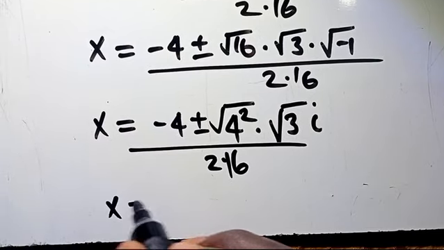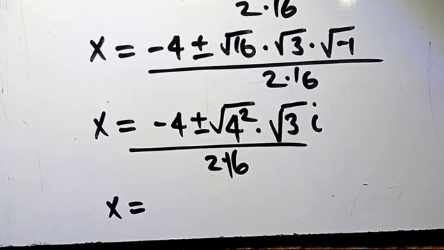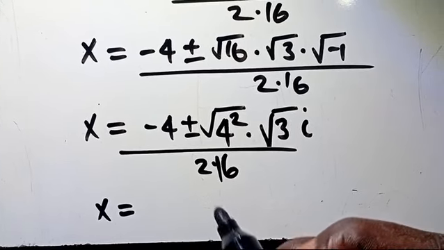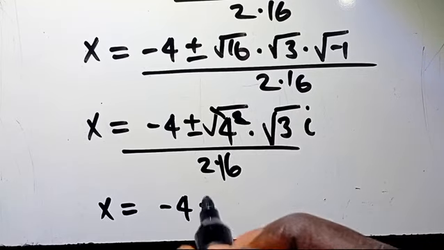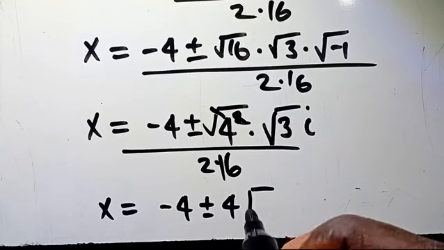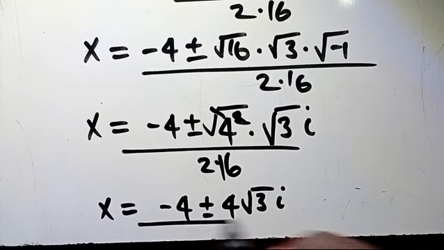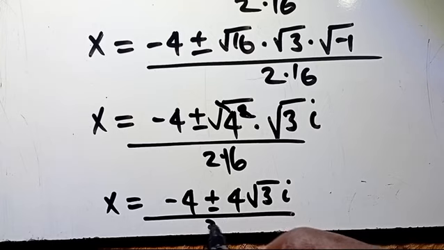So we have x equals, this cancels out, minus 4, positive or negative, 4 multiplied by root 3 i, over 32.